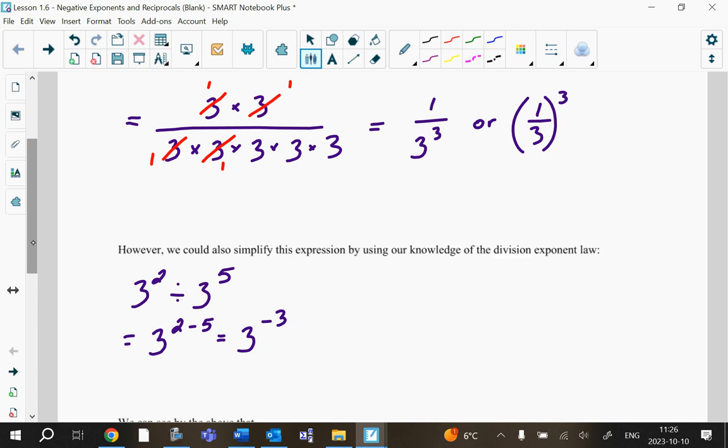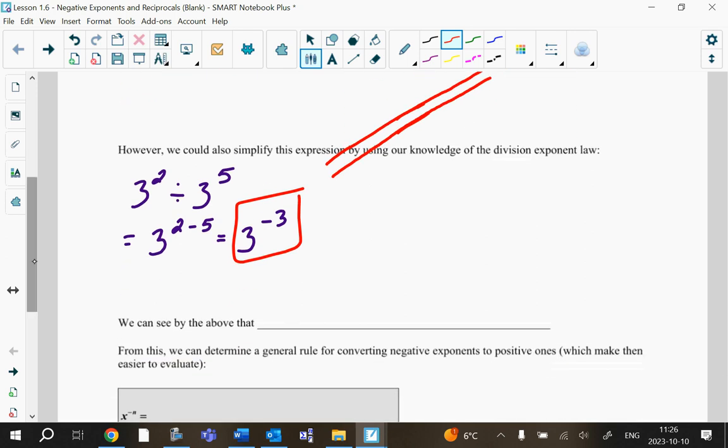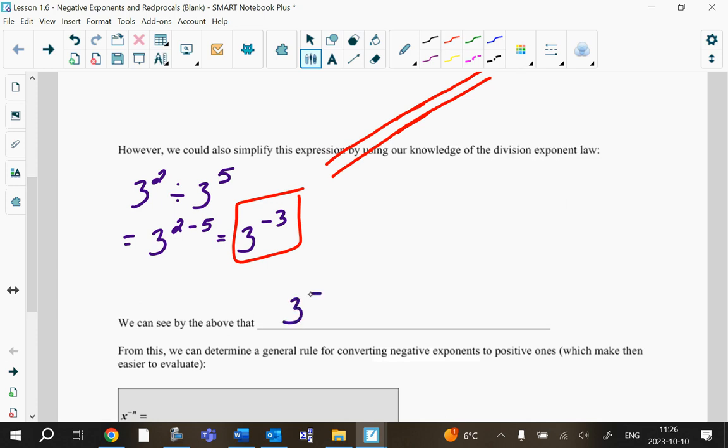So we can say that these two must equal each other. Let's do a big equals. Although now it doesn't even look like an equals. Okay. So we can say that 3 to the negative 3rd is equal to 1 over 3 to the positive 3rd.